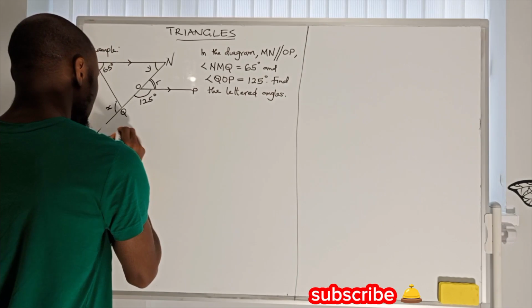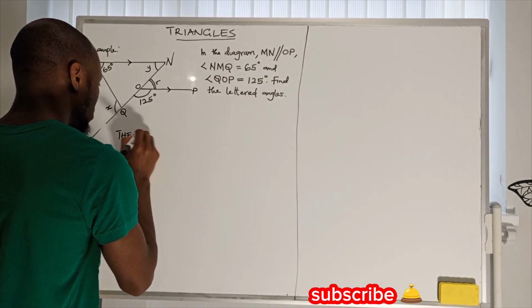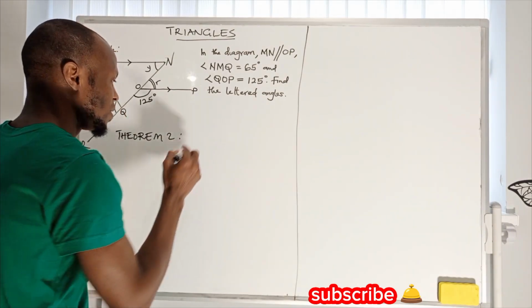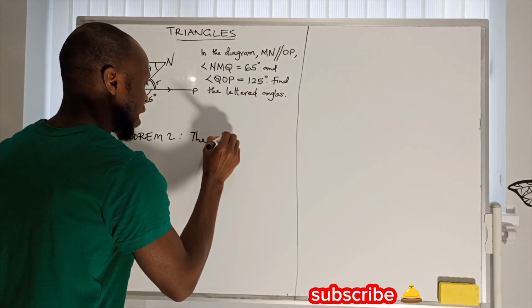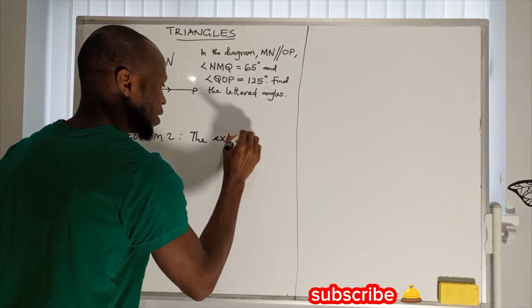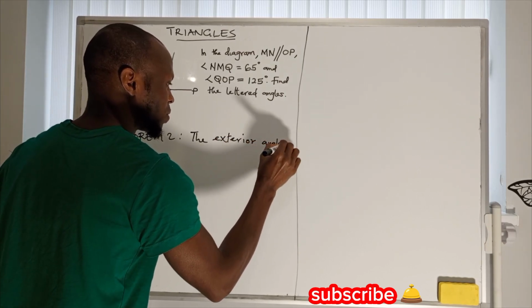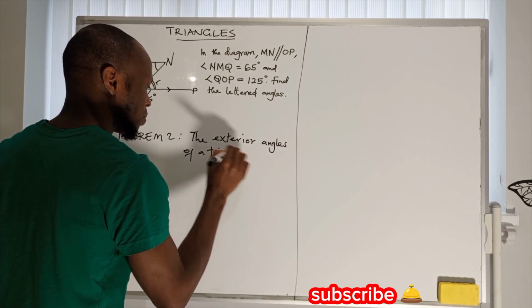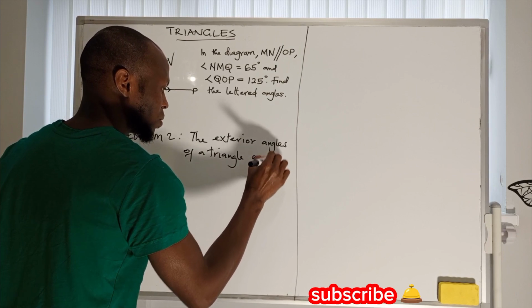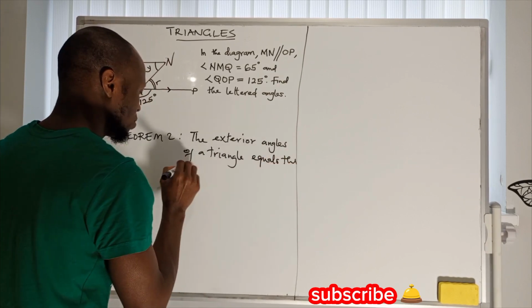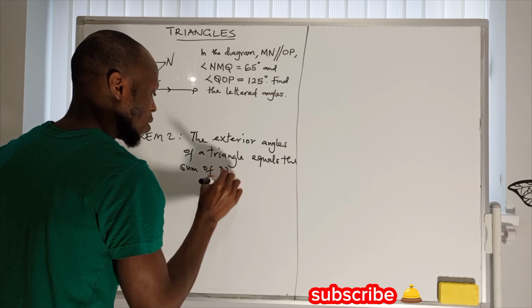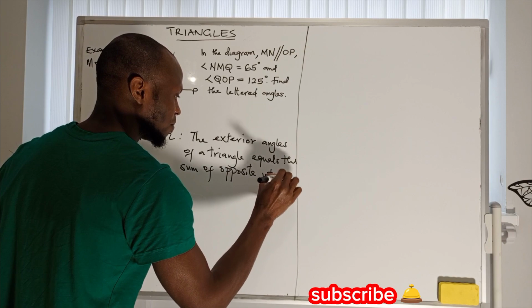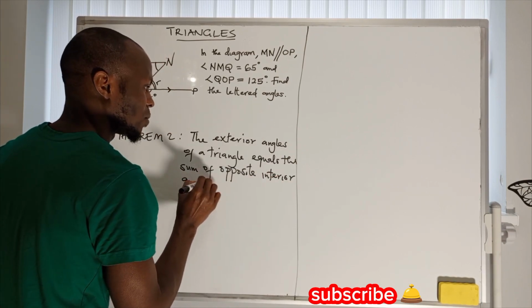Theorem 2. Theorem 2 of angles in triangle says the exterior angle of a triangle equals the sum of opposite interior angles.